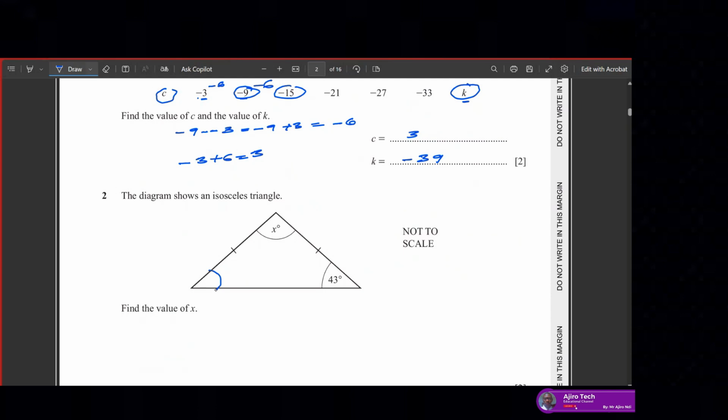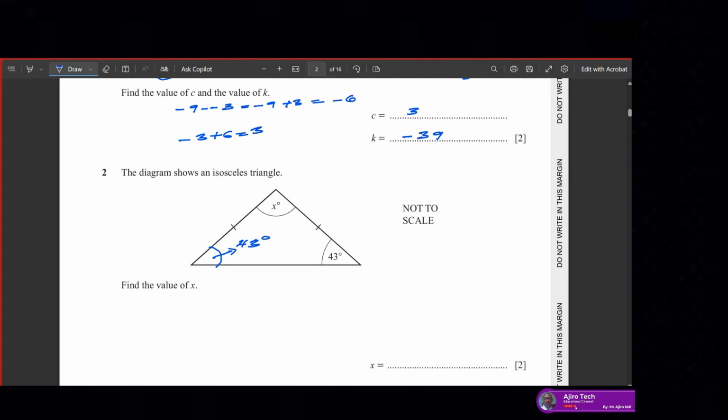So that means this angle will be 43 degrees. Yes. All right. So if that angle is 43, what would be the value of x? What do we do to get the value of x?